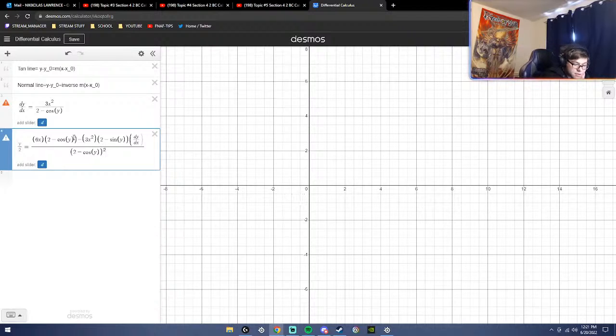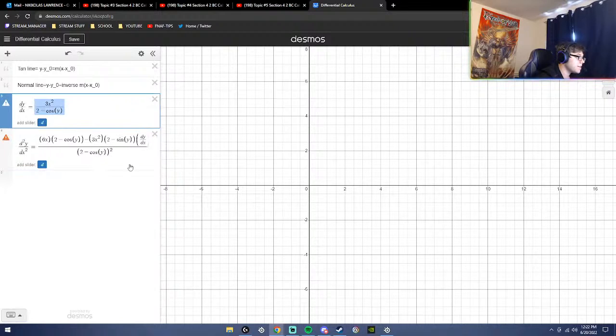Okay, now here comes the problem of where this notation works. Since we have dy over dx, because of what we learned from the last problem, I think we have to input the dy dx. So then we get this, which I think would just be this function right here.